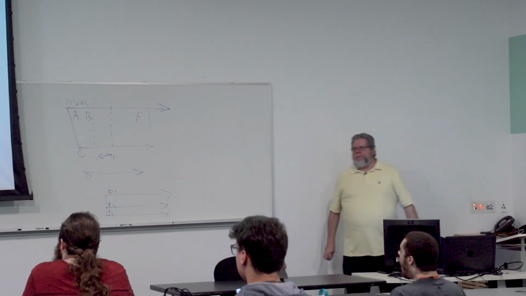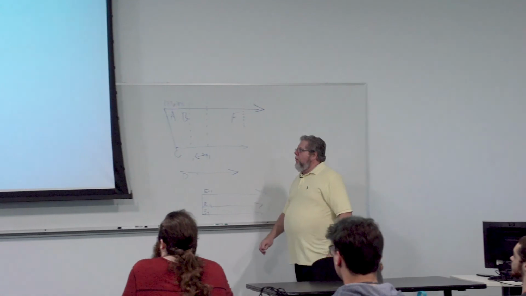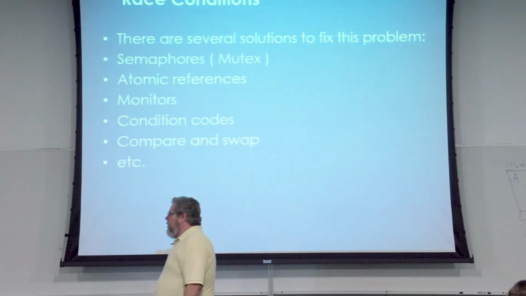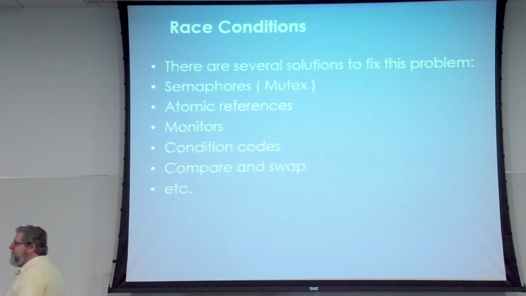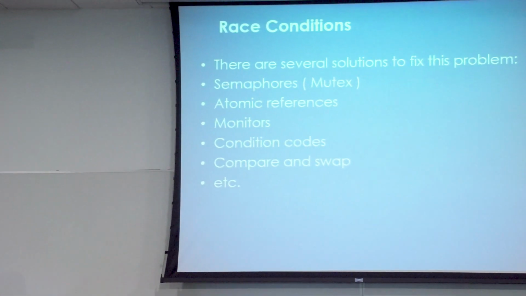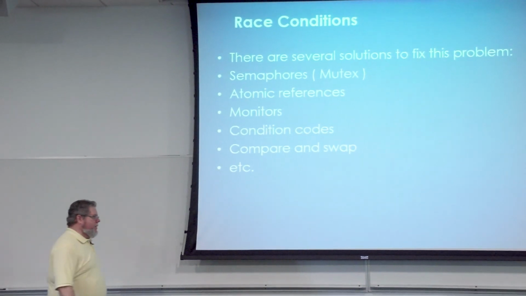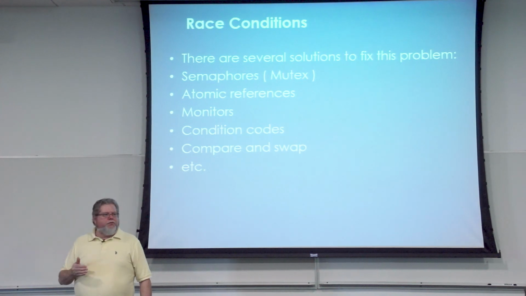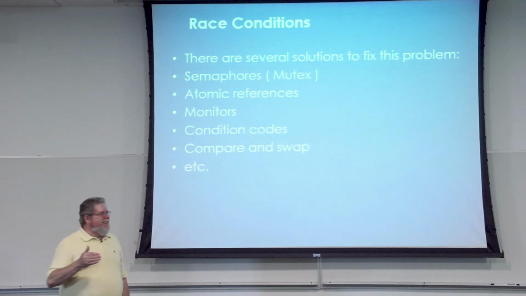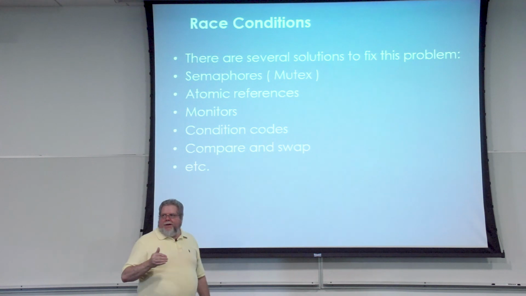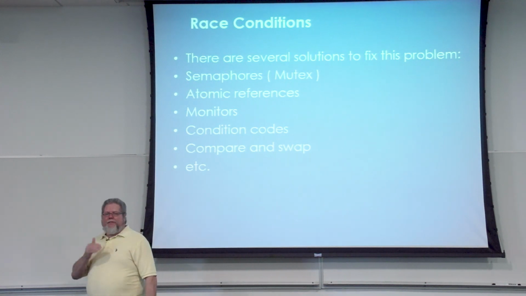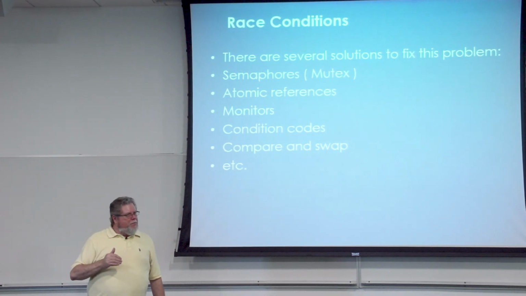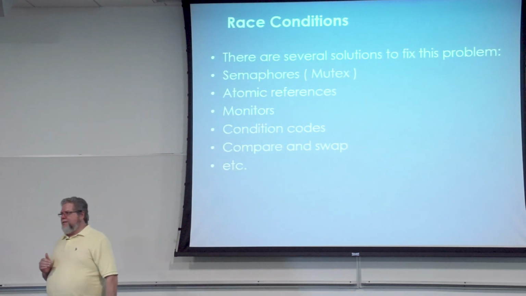So what am I going to do about it? How do I synchronize? Well, there are a bunch of different ways that we can synchronize things. The first one we have up there is semaphores, and then in quotations I have mutexes. In a never-ending effort to make things confusing, a semaphore can be different depending upon what programming language you're using.